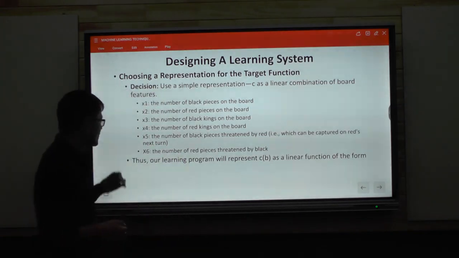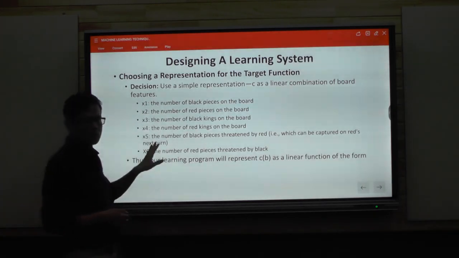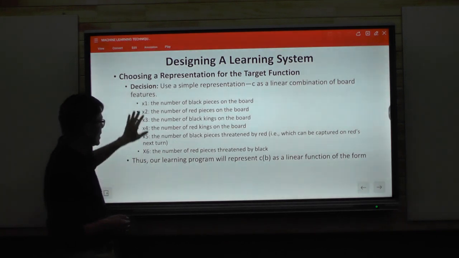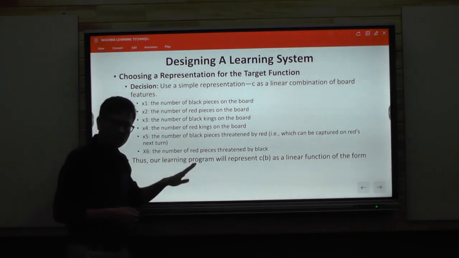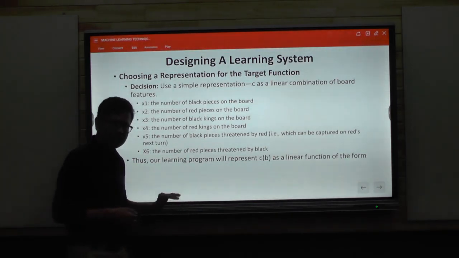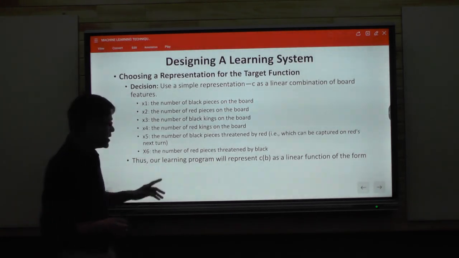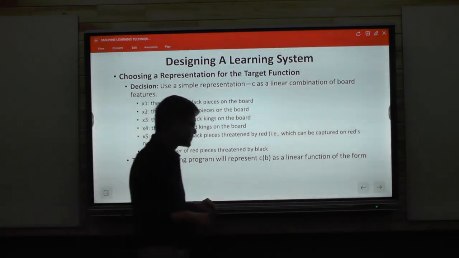Remember from the previous slides, the target function is a combination of x1 to x6 with some coefficients. There could be much more, you can make x7, x8. And in every situation, there would be one feature that would be dominating over the other.